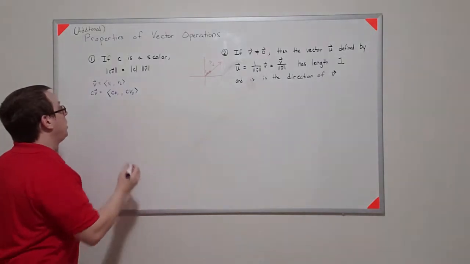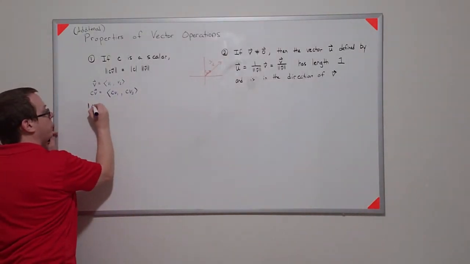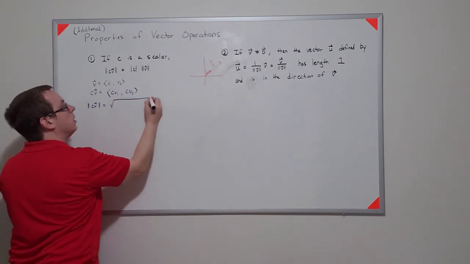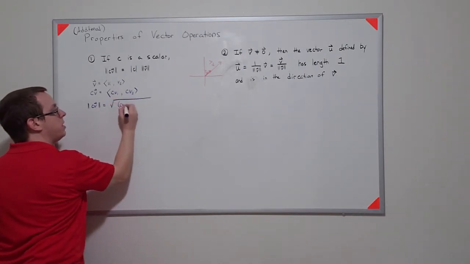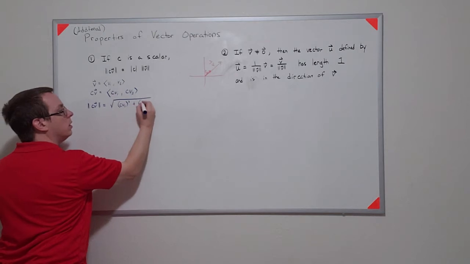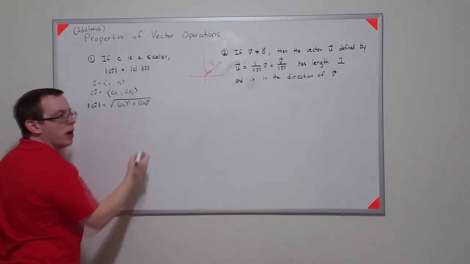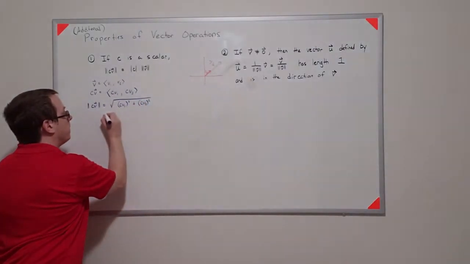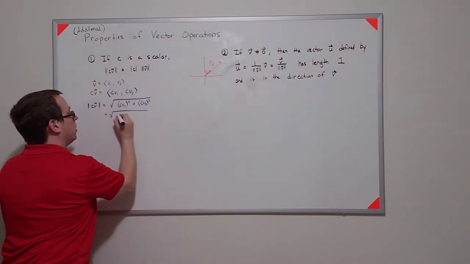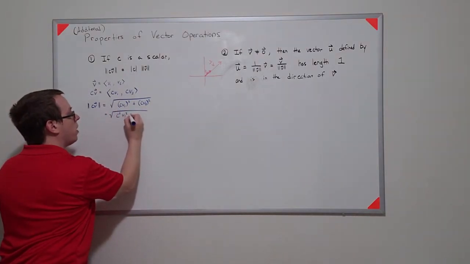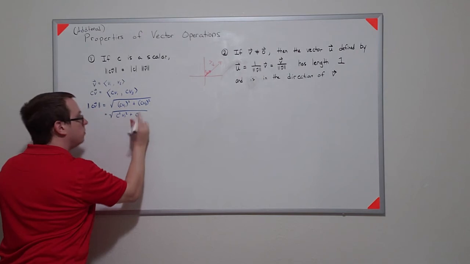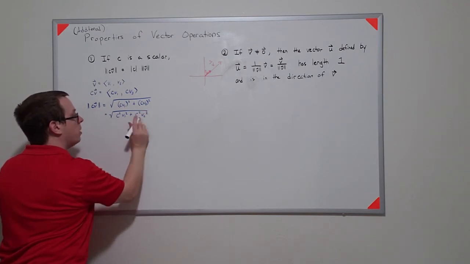And that tells me that the magnitude of CV is the square root of CV1 squared plus CV2 squared, which is the square root of C squared V1 squared plus C squared V2 squared.